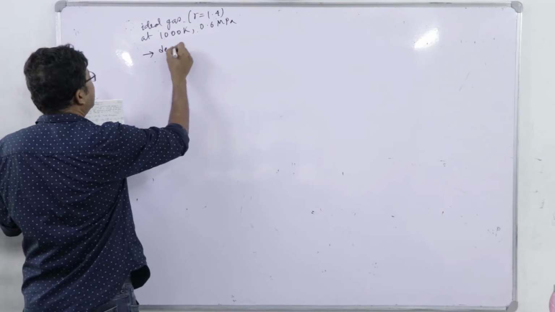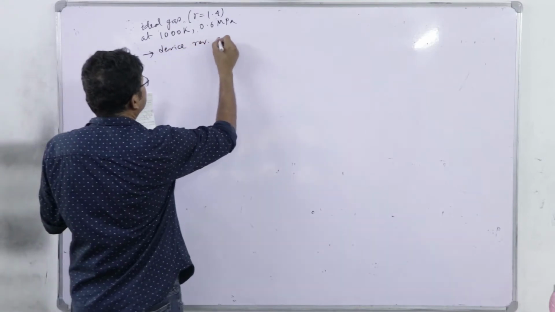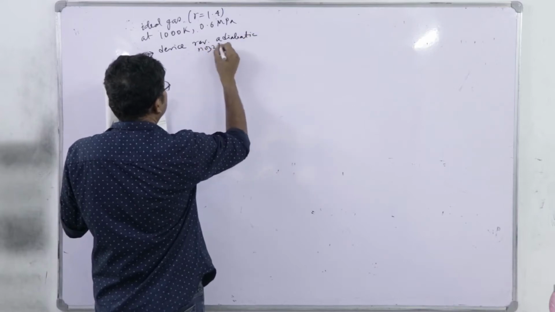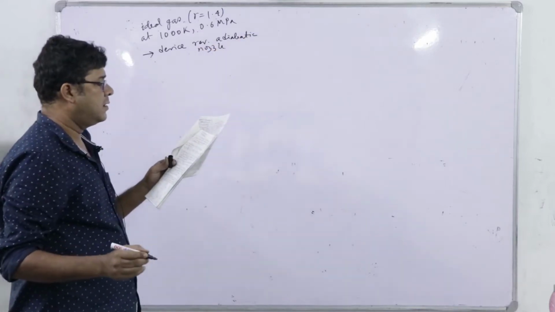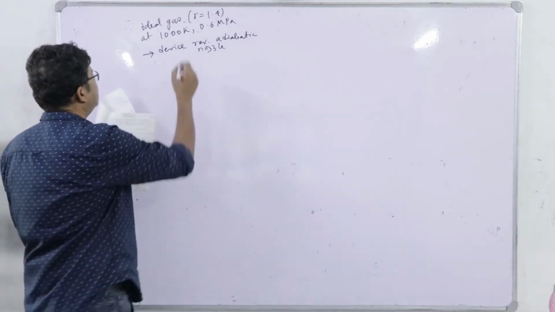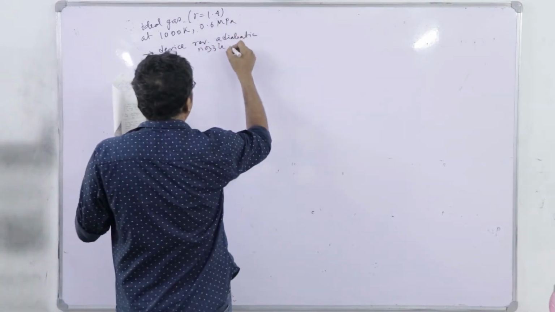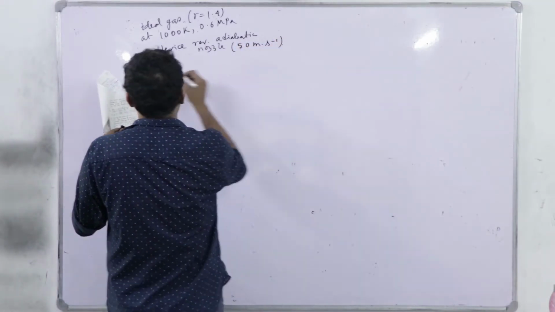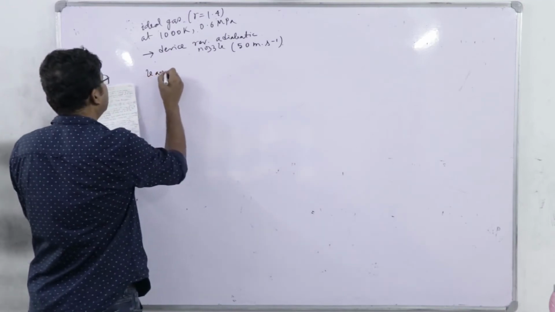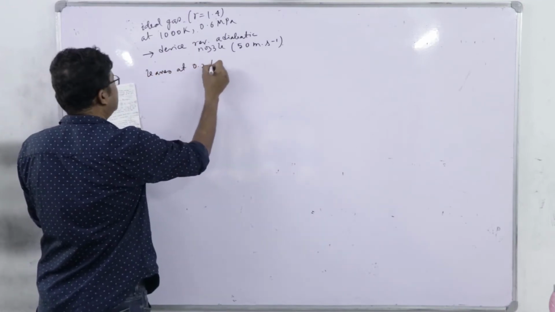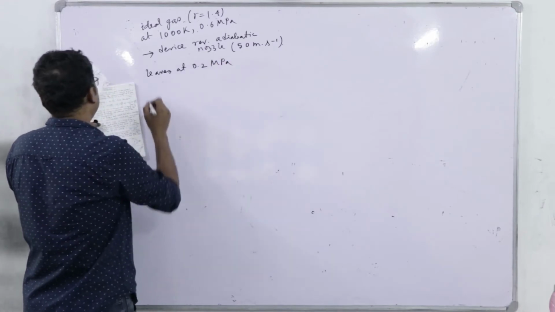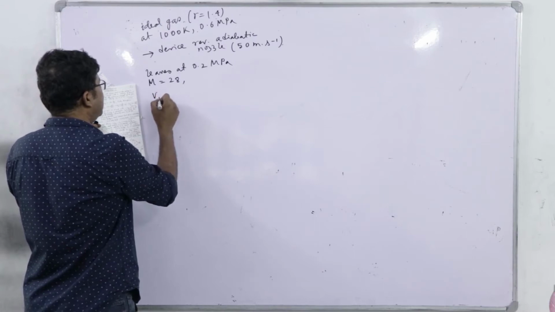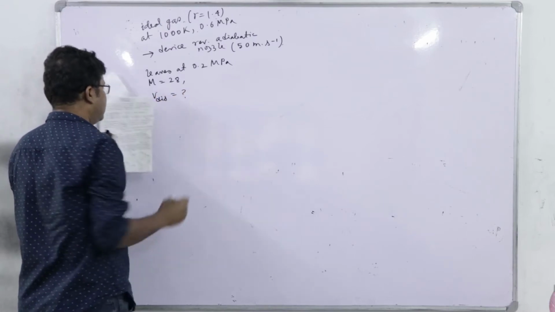So, the device is a reversible adiabatic nozzle, right, at a velocity of 50 meter per second, and leaves at 0.2 megapascal. The molecular weight of the gas is 28. So, the discharge velocity is to be calculated.